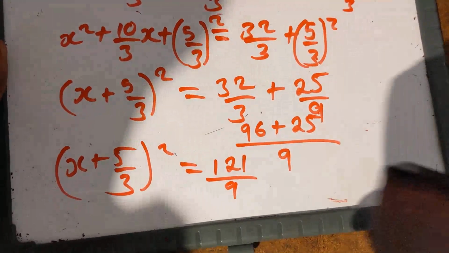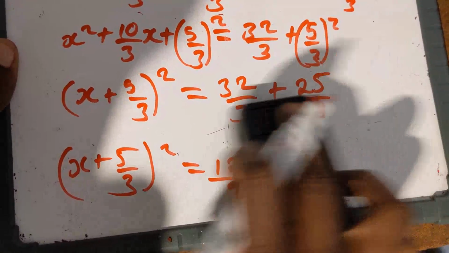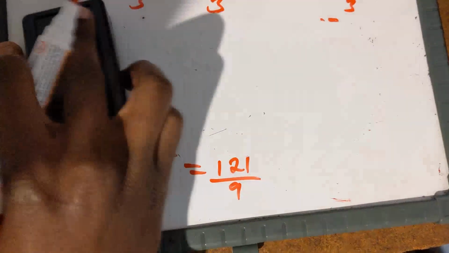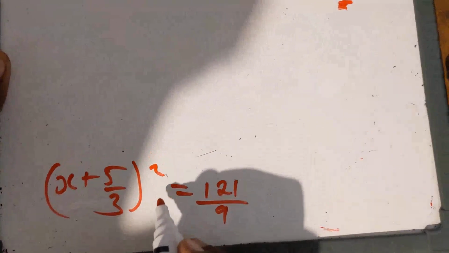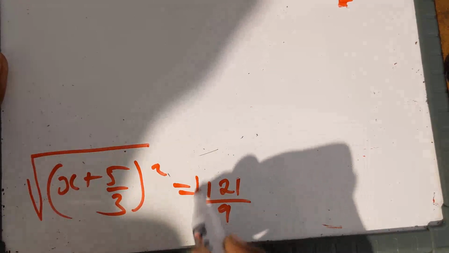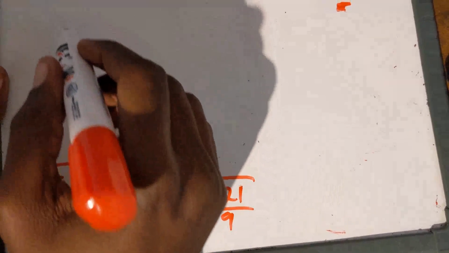Let me just try to create some space. So we need to get rid of a square, meaning that we introduce a square root on both sides.